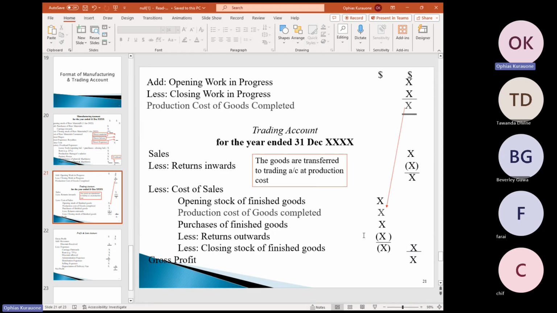Then you add opening work in progress, then you less closing work in progress. Then production cost of goods completed.